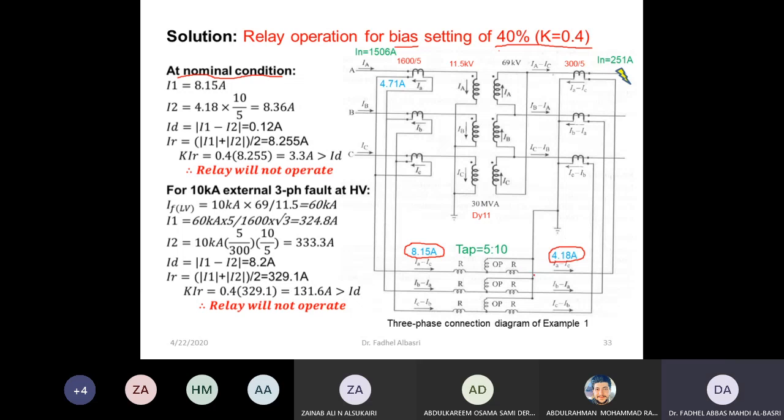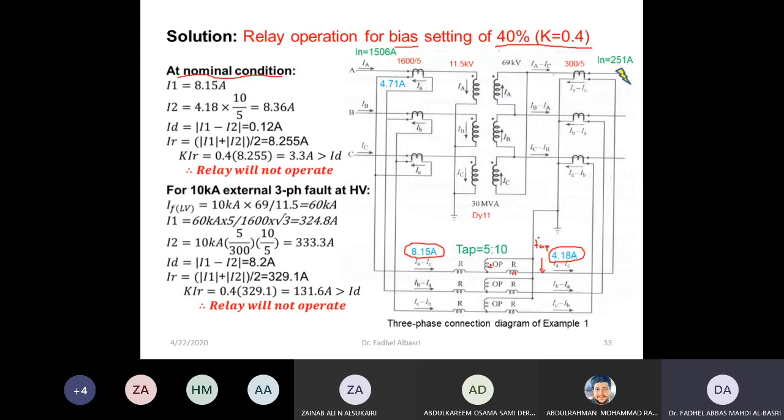Now, I'm assuming this tap is at this side. This is the tap location. Tap position at this side. Okay, sorry, taps at this side. At this tap, I choose already 10 to 5.